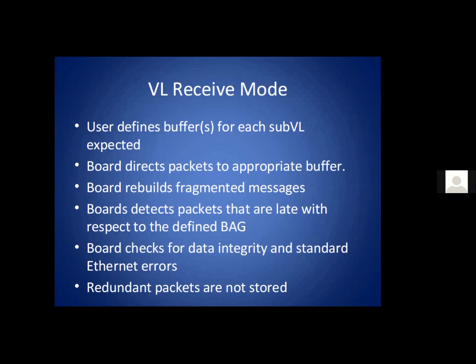Your application will have defined all of these VLs. It knows that this VL contains altitude, this one contains latitude, this one contains time. Whenever it's looking for time data, it's going to look at that buffer. When it's looking for altitude data, it'll look at the altitude buffer, and so on.